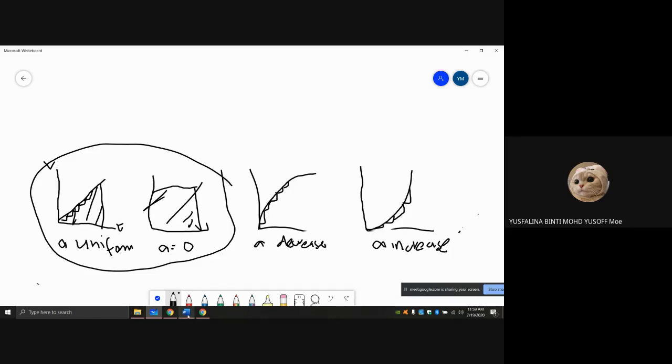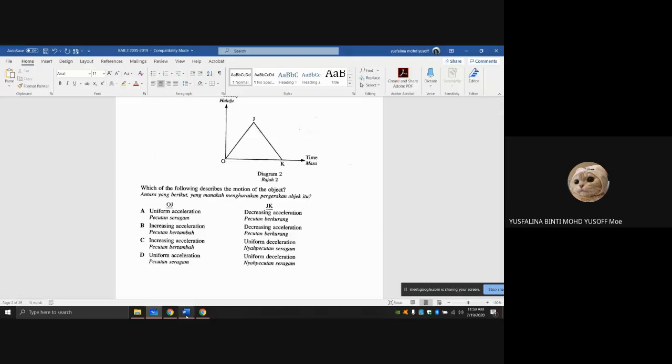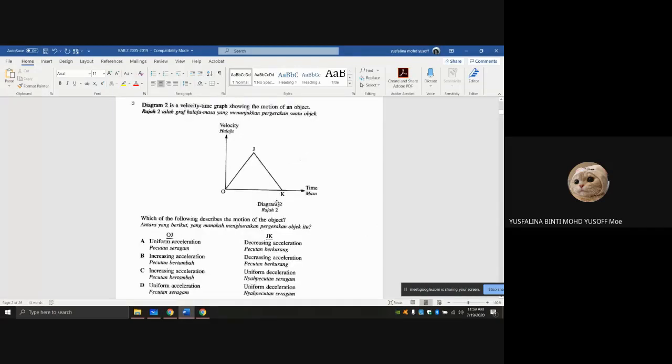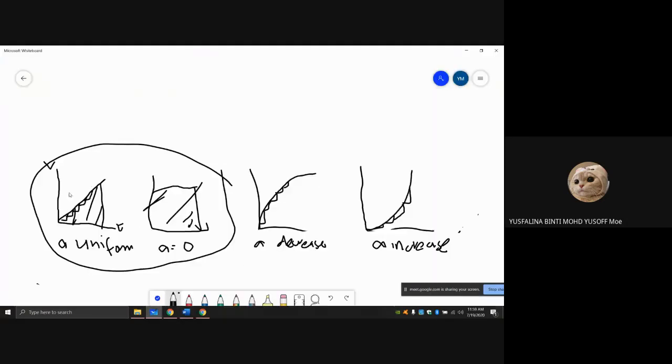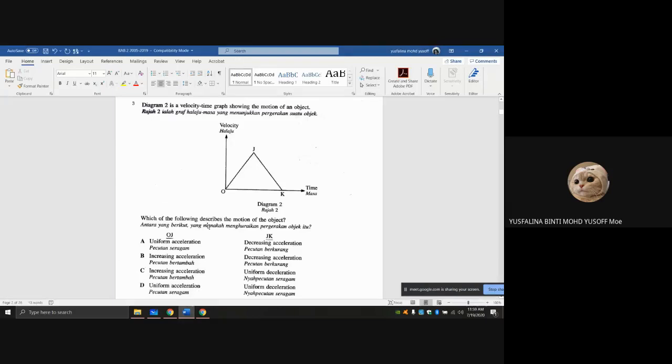Okay, so let's see the question. This one, if we draw a graph, it's like this, right? So the A is uniform, so the acceleration is uniform, means uniform acceleration. So B and C are wrong.